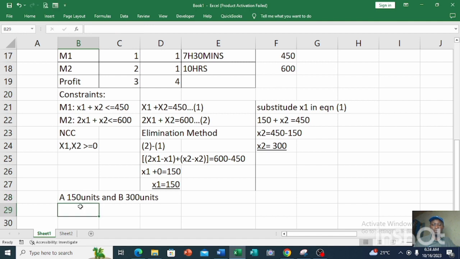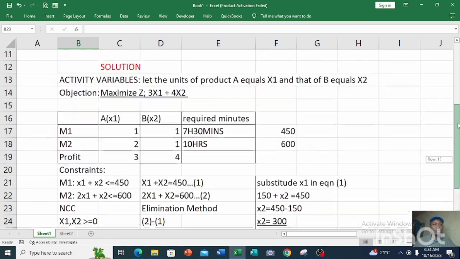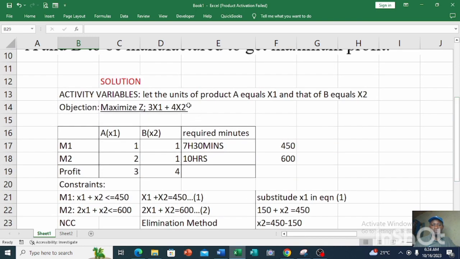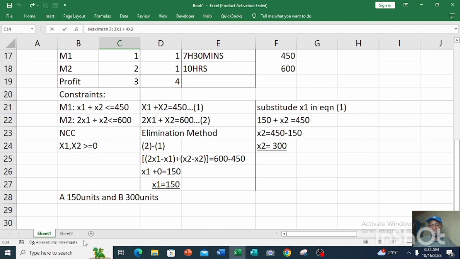So what will be our profit now? So our objective function, we have maximizing Z, 3x1 plus 4x2. So this is the units of A and B that I have to manufacture.